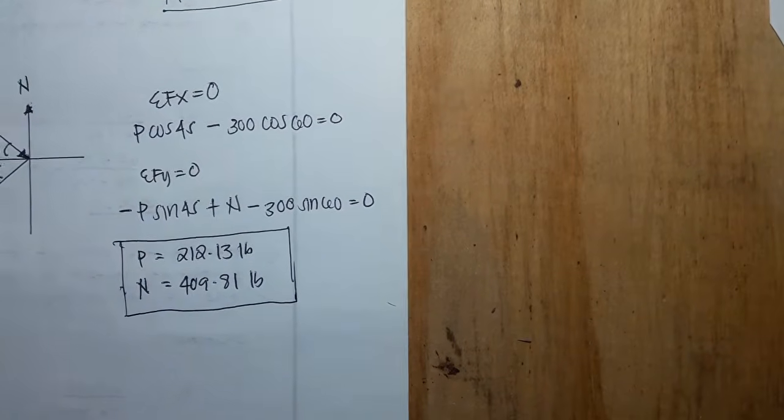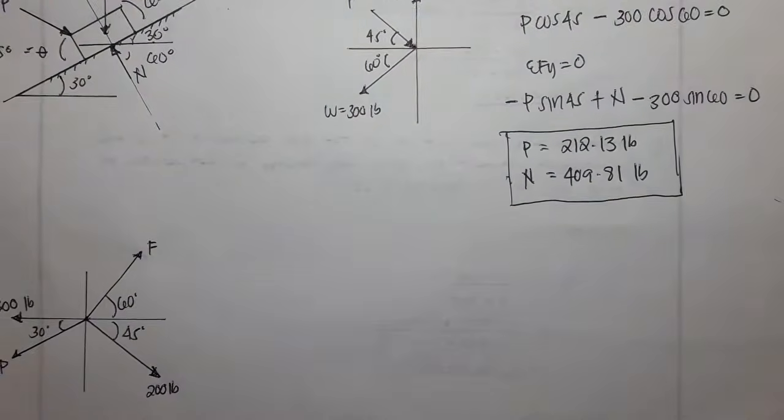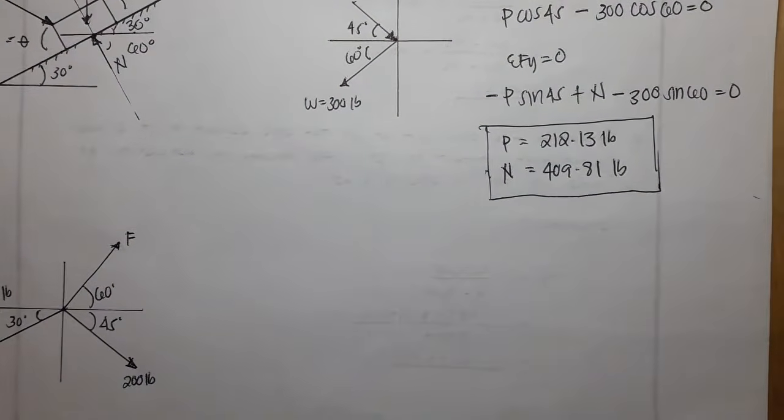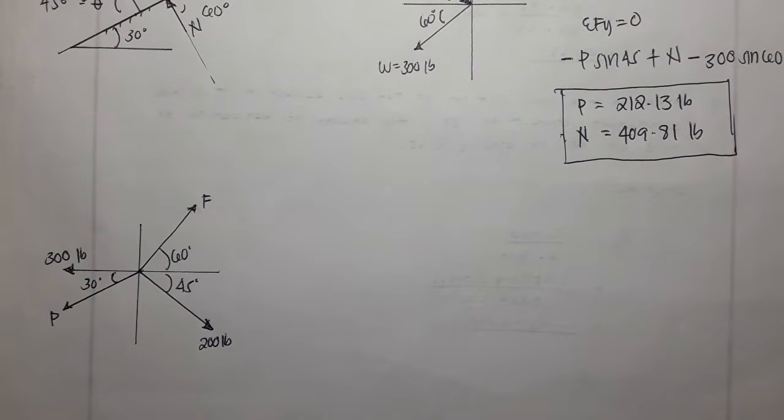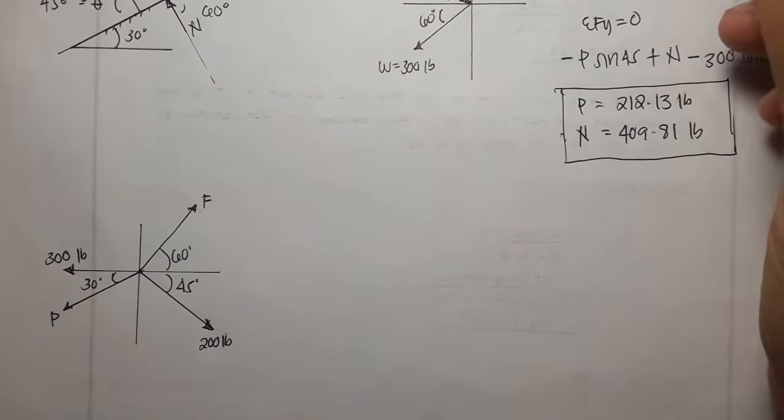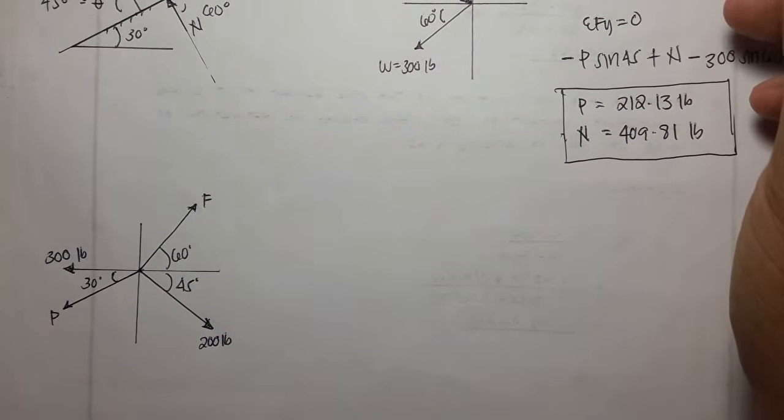So if you notice, the pattern is just the same. You will just need to find the angle for each force and find the best way possible to solve the problem.